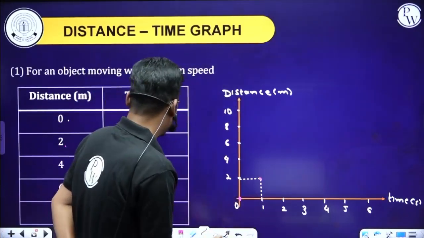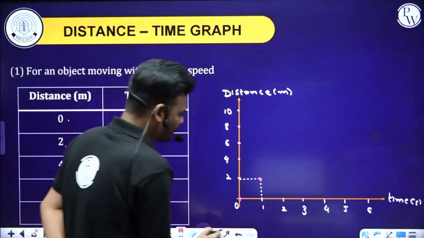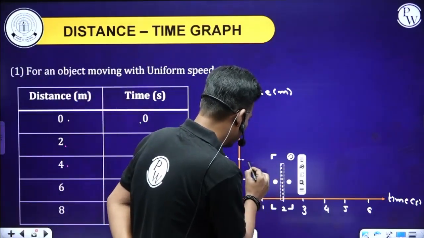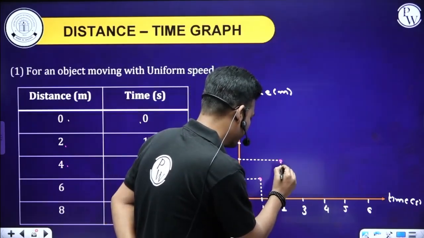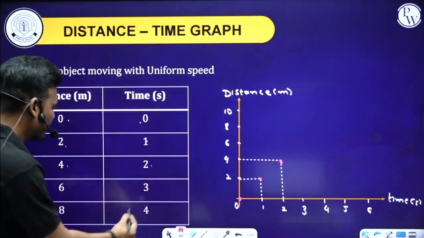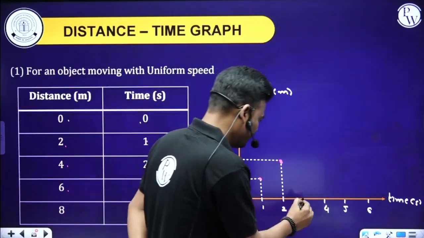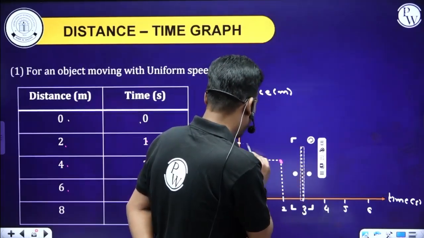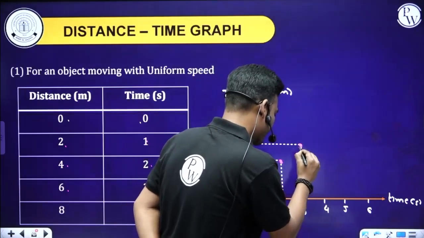Next, in 2 seconds, what is the distance? 4 meters. In 2 seconds, the distance is 4 meters. Next one, in 3 seconds, the distance is 6 meters.